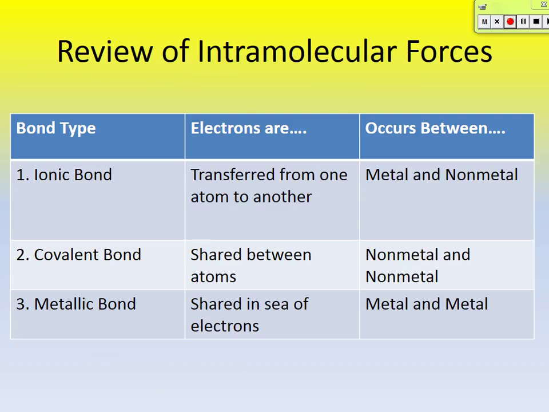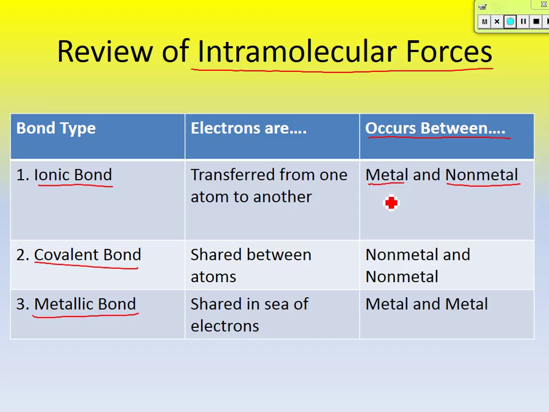Before we get into the new stuff, I wanted to review the older things that we've learned about intramolecular forces. So we've talked about ionic, covalent, and metallic bonds. What atoms are involved in ionic bonding? It has to be a metal and a non-metal. So something below the staircase, something above the staircase. What about covalent? Yeah, two non-metals.